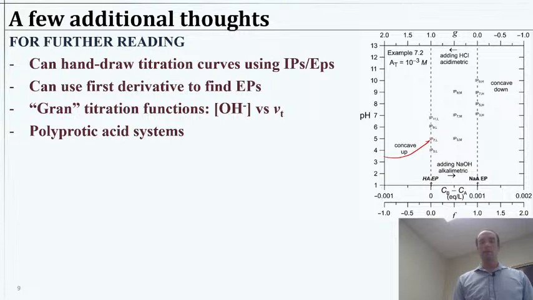And then we're going to flatten out or start concaving the other way at least. Let's see. I'll try to do this a little better. So if we were concave up and then it stops going concave up, or maybe it doesn't stop.